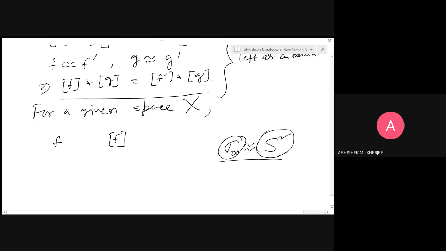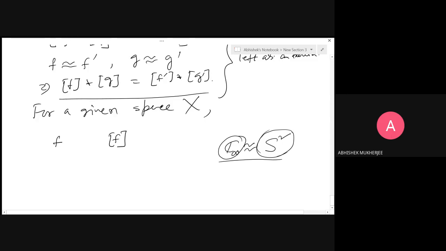Okay. And for the other properties, that is, for associativity and the existence of inverse, how can we prove this?